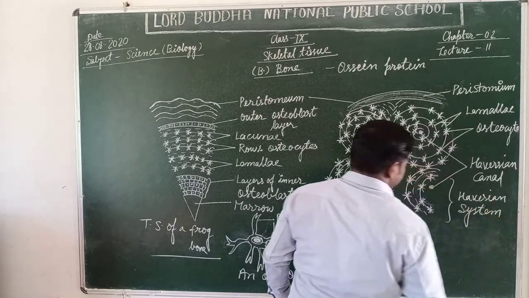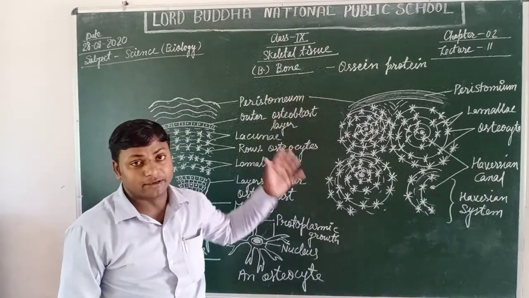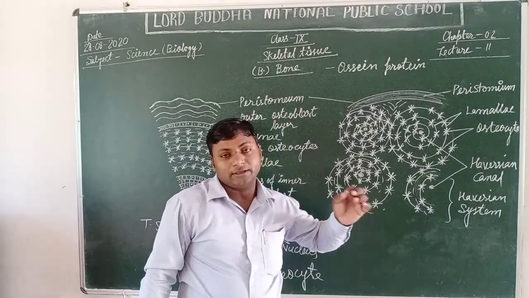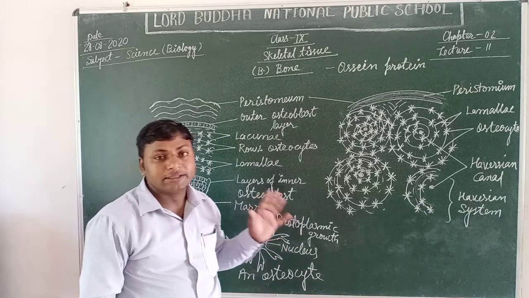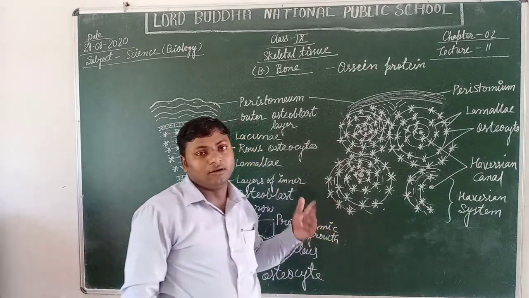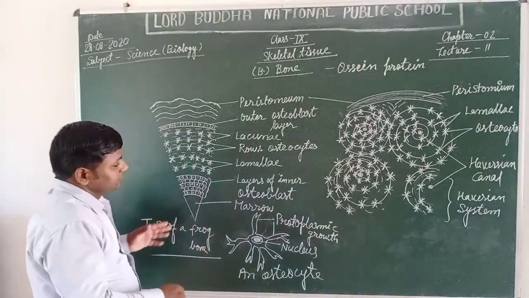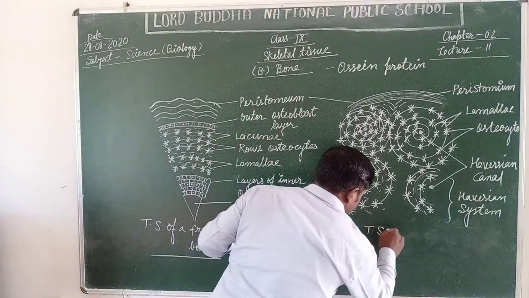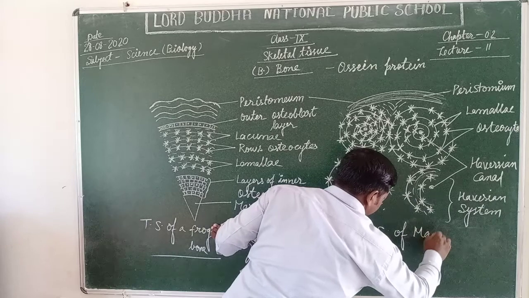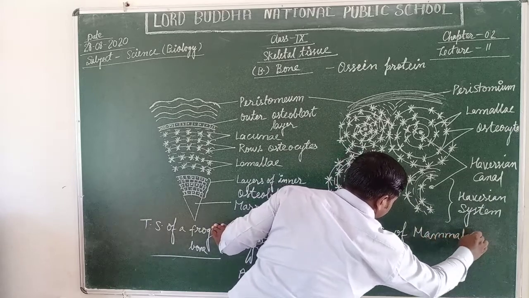One Haversian system is interconnected with another by a branching canal called Volkmann's canal, after the name of its discoverer. Now, students, this is the structure of mammalian bone.